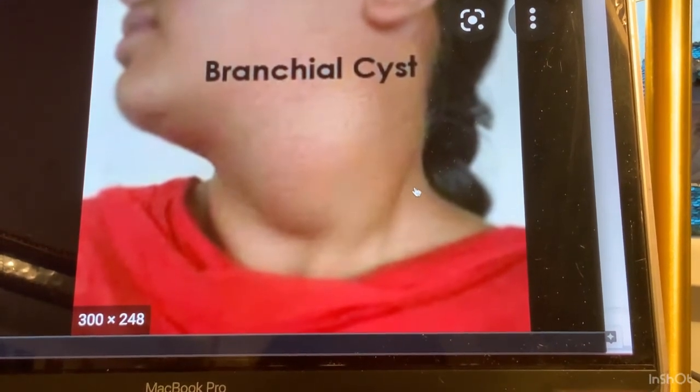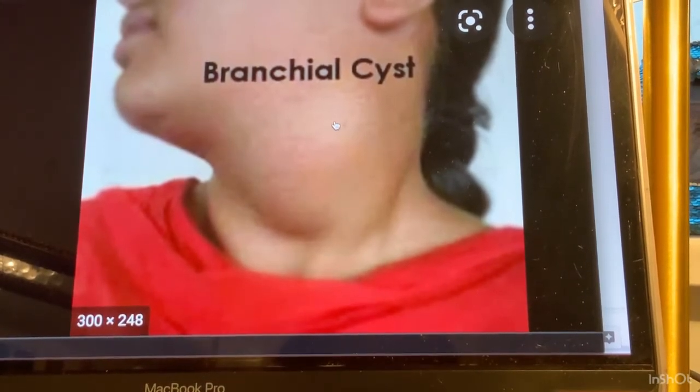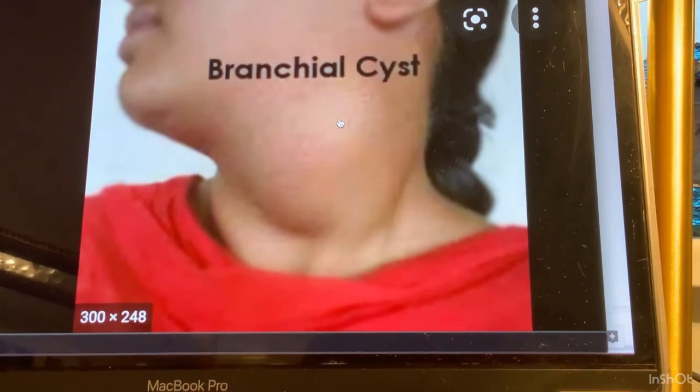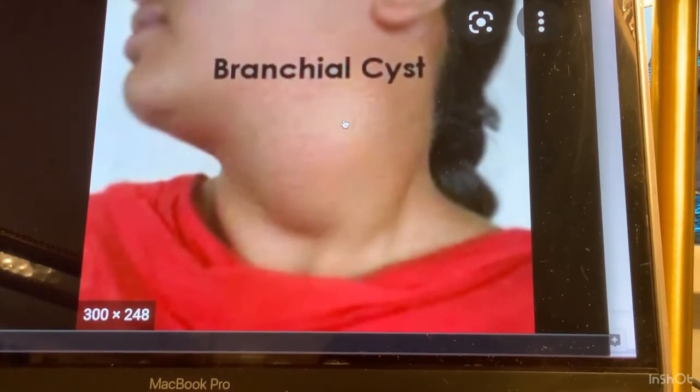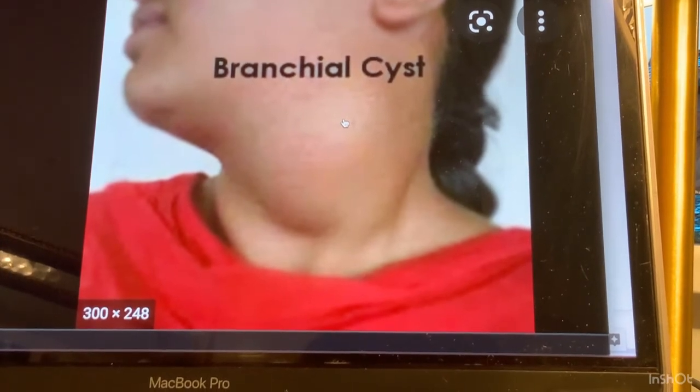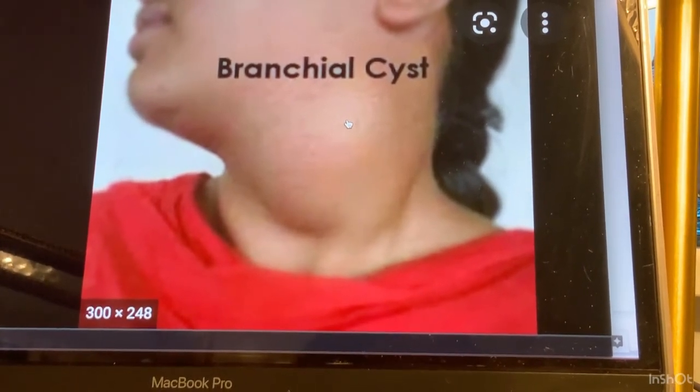This is quite clearly a lateral neck mass in the anterior triangle, since it's in front of the sternocleidomastoid. This, by the way, is actually a branchial cyst. This branchial cyst typically does occur in the lateral neck compartment.